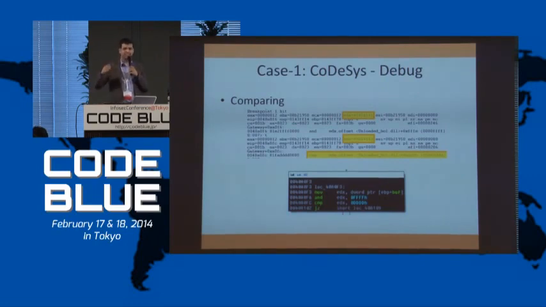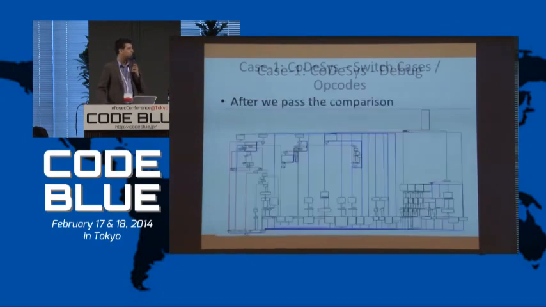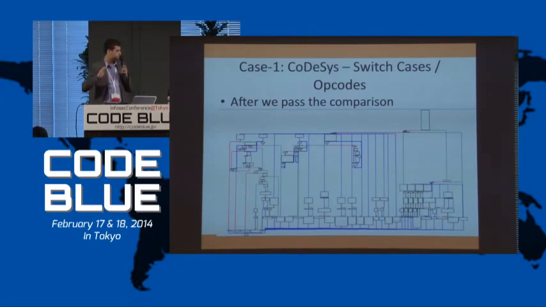If we send a DD packet to this application, we will be able to pass this comparison. And then we come to switch case statements, and these are the key points for looking for vulnerabilities. We can usually find vulnerabilities in these places.